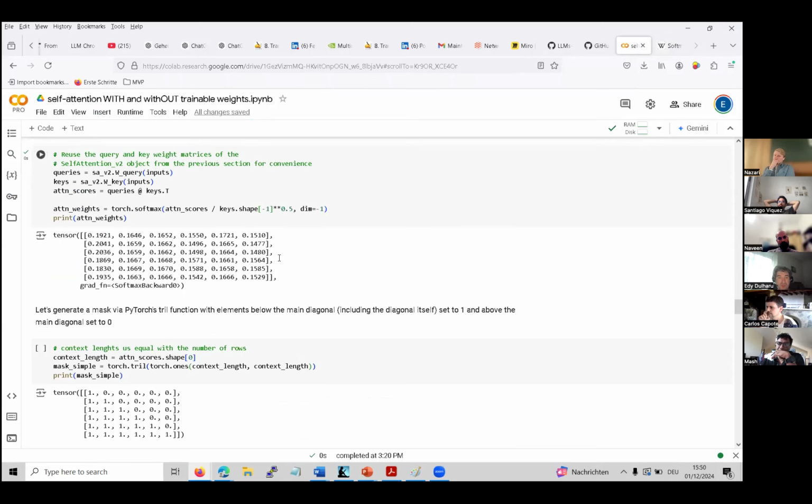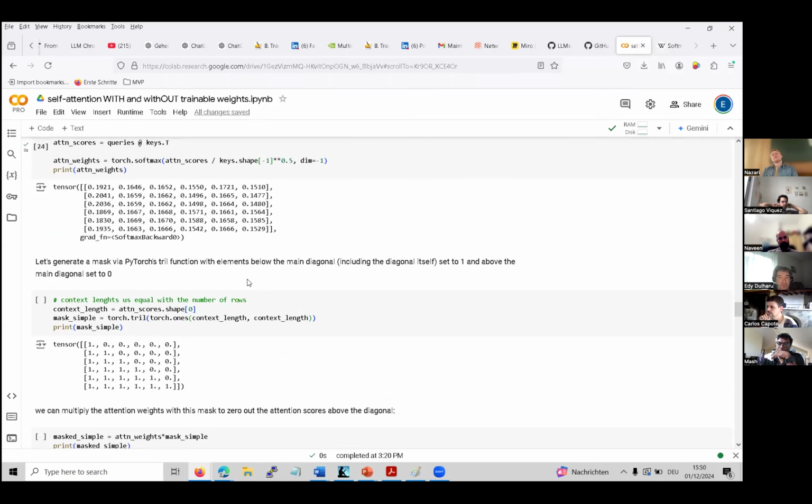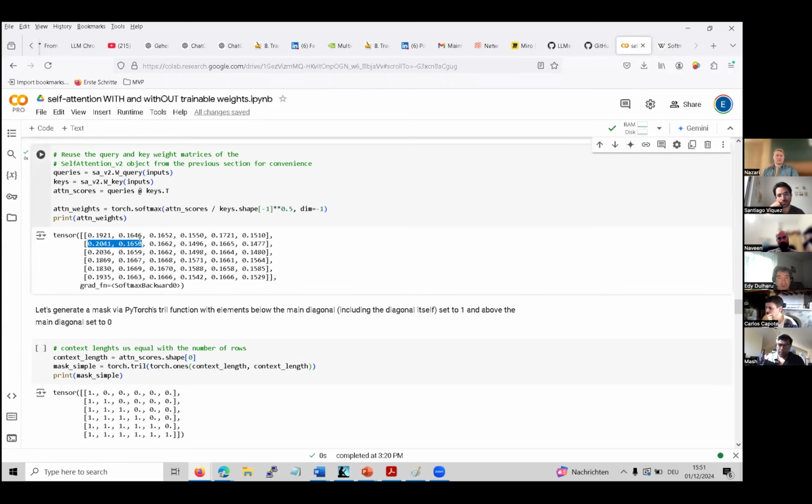This mechanism, which makes 0 all the elements above the diagonal, is not very efficient, because the existing values already took into account all the elements within the sentence, including the future tokens.